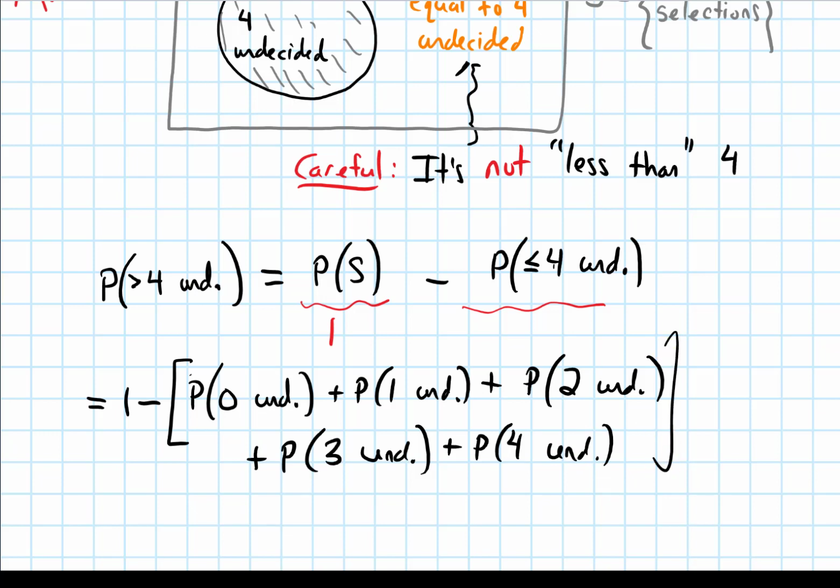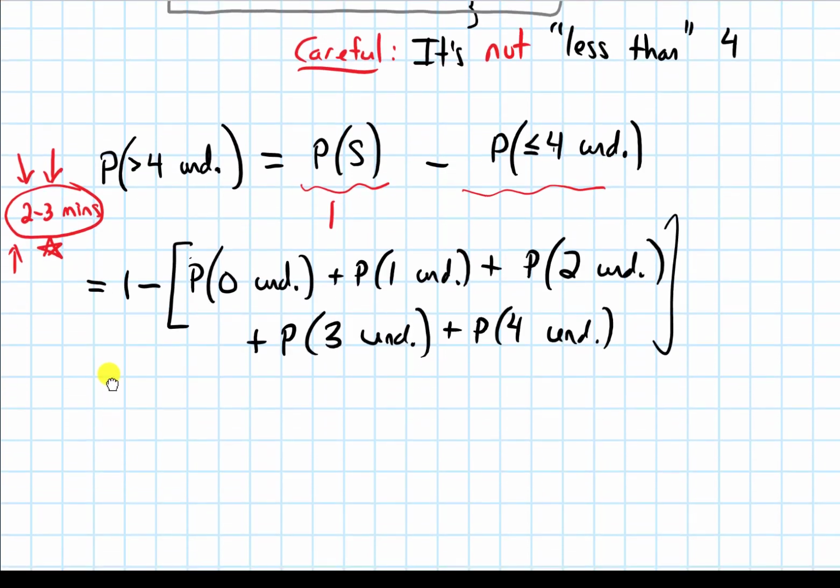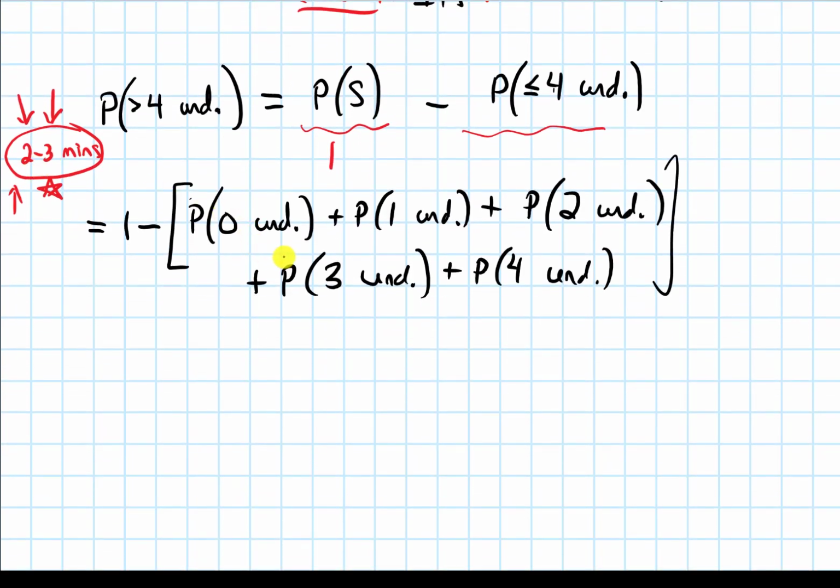So from here, I want you to pause the video one more time for about 2 to 3 minutes, and see if you can evaluate each of these probabilities. 4, 3, 2, 1, pause it, and see if you can take it from here. Alrighty, so hopefully you've done that. You've paused it for about 3 minutes to try this.